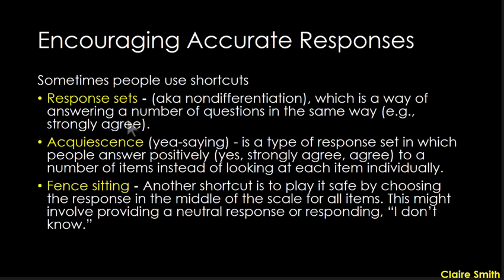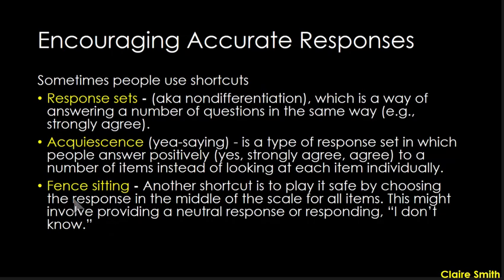So a response set could be negative. They could answer neutral all the time, or negative all the time. That's just answering the same thing over and over. Acquiescence is always answering positive. You can also have what's called fence sitting, which is another example of a response set. They're just going to answer neutrally, in the middle of the scale, for all items. If there's a neither agree nor disagree option right in the middle, people will choose it because they don't want to be too positive or too negative, or they don't feel like reading.